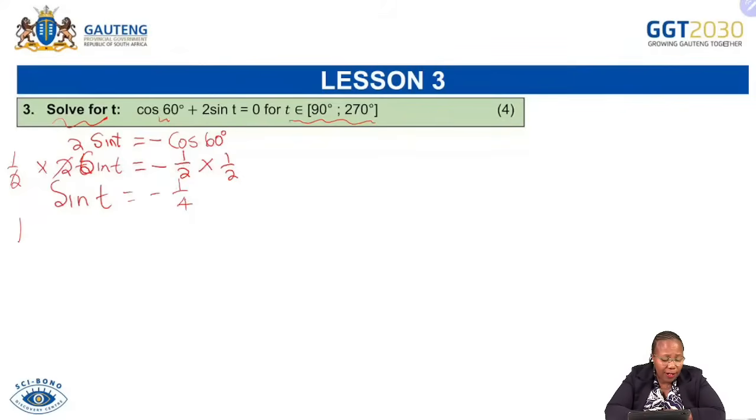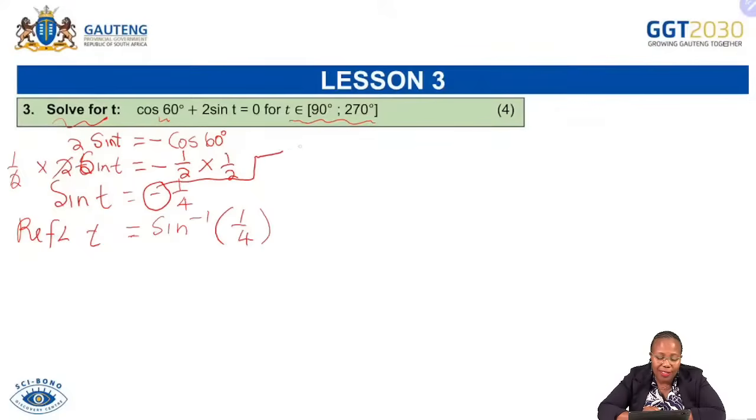And then we look at the reference angle of t. And then this will be the arc sine of 1 over 4, Rachel. Look at this, I'm not including the negative. Why? Because this negative indicates the quadrant where sine is negative. Which quadrants are those? That is the third and the fourth quadrant.